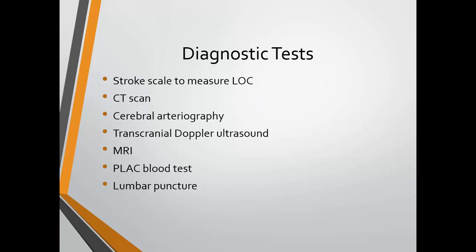So diagnostic tests. There is a stroke scale that helps measure level of consciousness. It is widely used to assess neurological outcome, degrees of recovery. Your CT scans will look at hemorrhaging, tumors, aneurysms, ischemia, edema, tissue necrosis.